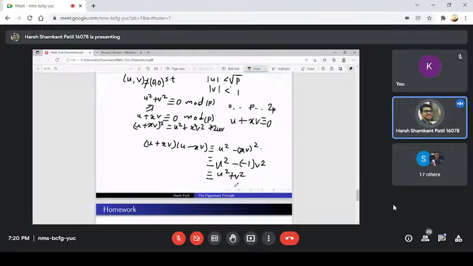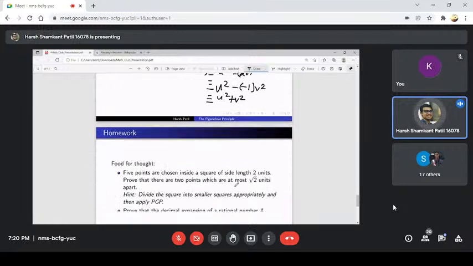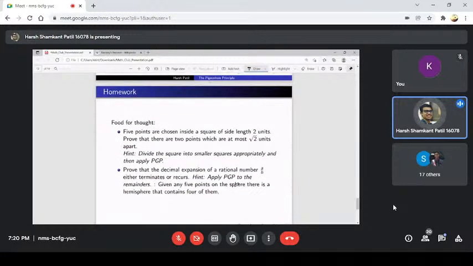Let me move to the last part of my talk. I have some homework for you where you have to apply the pigeonhole principle to prove these things. These are very nice applications where you can get a feel for how to apply it.